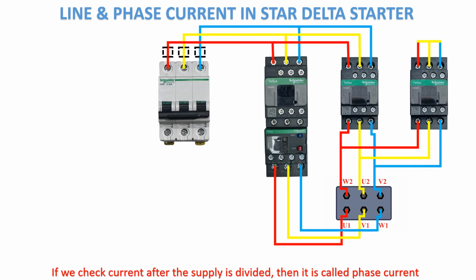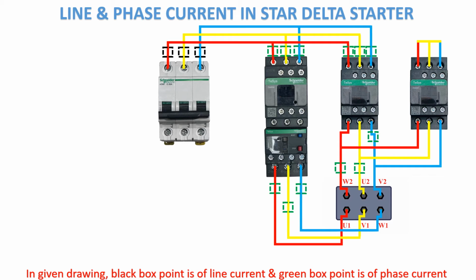If we check current after the supply is divided, then it is called phase current. In the given drawing, black box point is line current, and green box point is phase current.